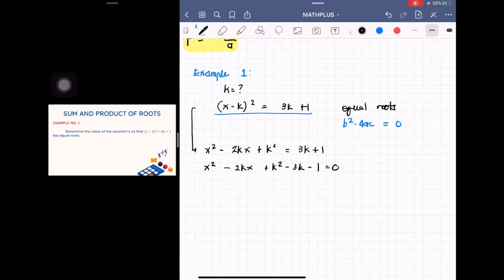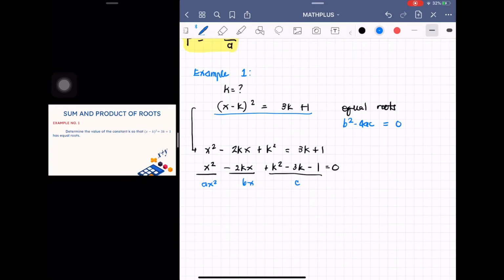Considering this a quadratic equation, x squared will form your ax squared, right? And then your negative 2kx will form your bx. And then everything that does not contain your unknown variable x will be considered your constant.